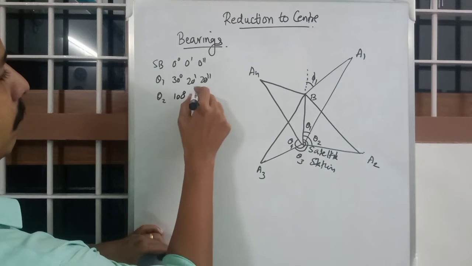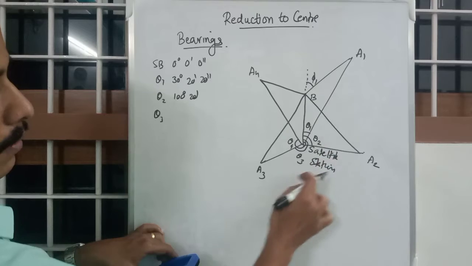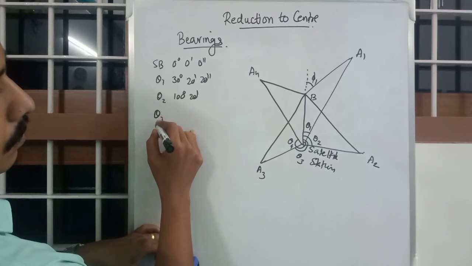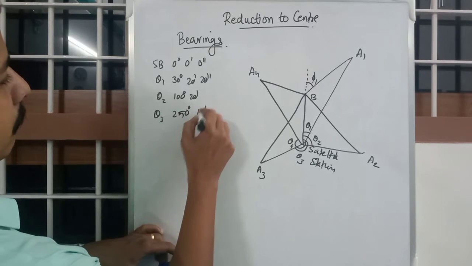Those all will be bearings. So theta 2 will be something like 100 degree 20 minutes. Theta 3 will be more than 180, so maybe around 250 degree 10 minutes.